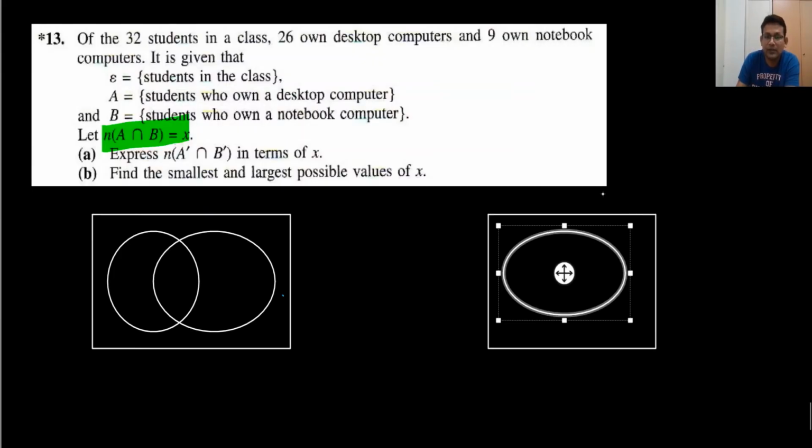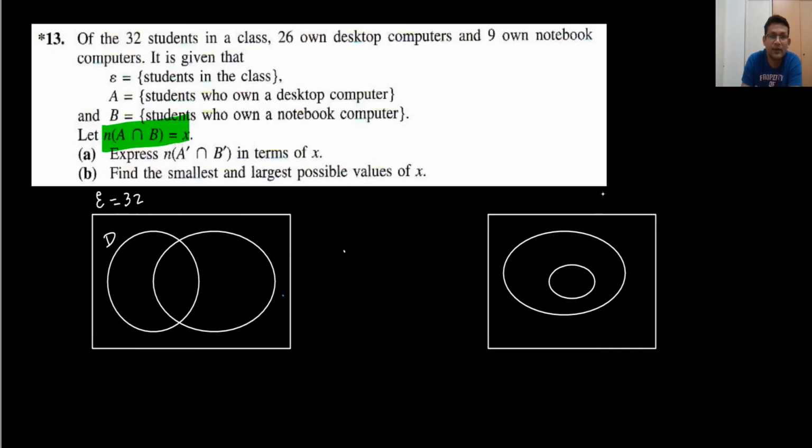So we need this. Okay, now we can move. The universal set is 32, and we have students who own a desktop computer and a notebook computer. Desktop we can write D and we can write N. Here we can write 26 on desktop.